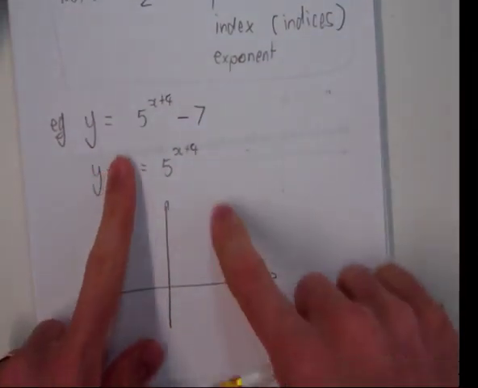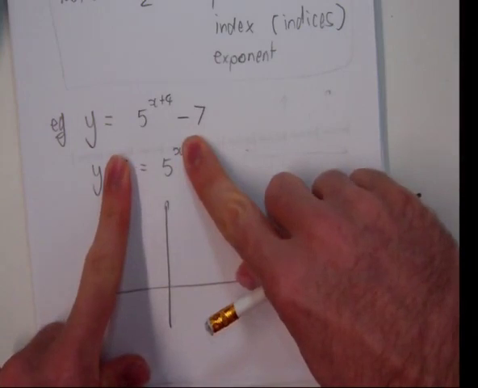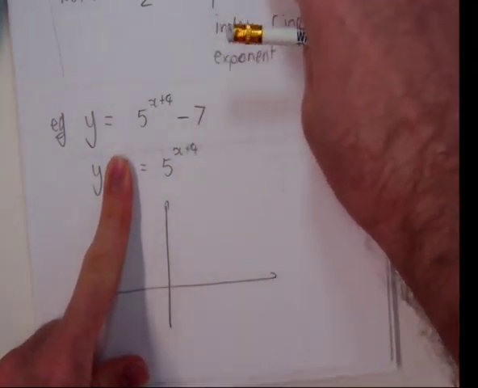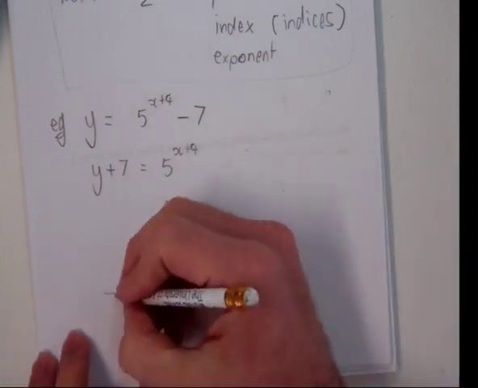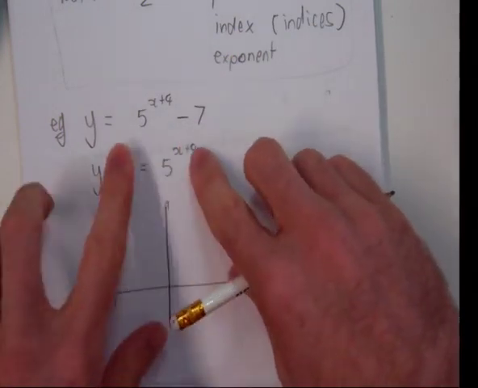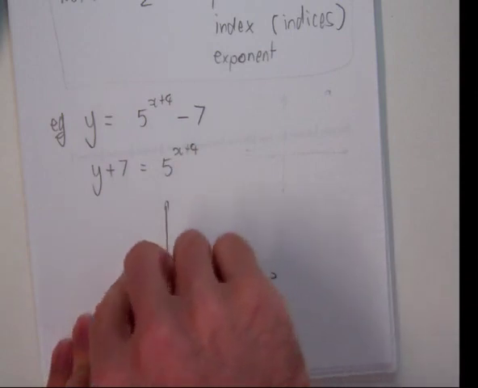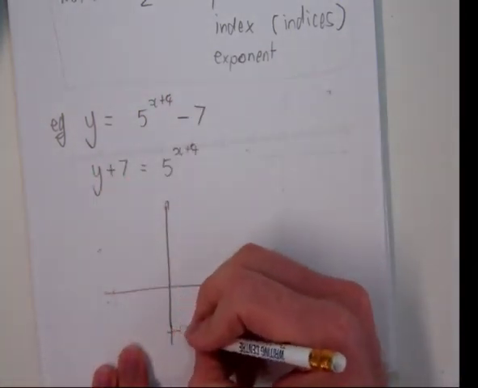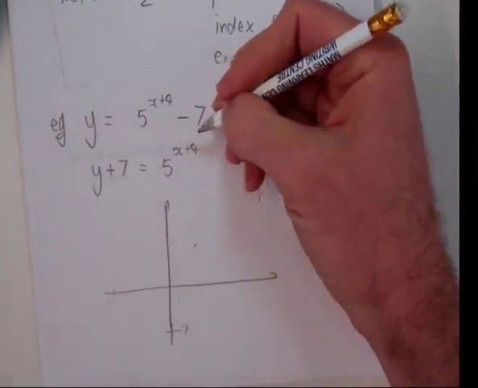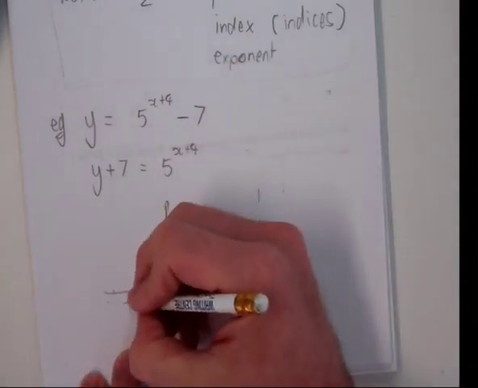but it doesn't happen here at 0, 0. Plus 7 means I move it back 7. And plus 4 means, sorry, wrong way. Plus 7 with the y means I move it down 7. Plus 4 with the x means I move it back 4.